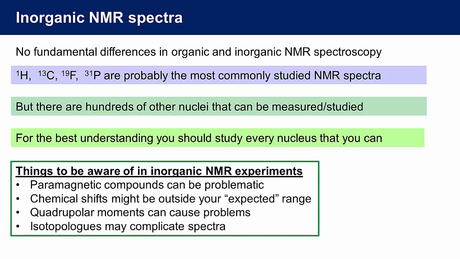Now, while there's no difference in the science of NMR spectroscopy of organic versus inorganic compounds, because of the greater range of structures and molecular possibilities in inorganic chemistry, there are a number of issues that crop up more often when dealing with inorganic materials. Firstly, paramagnetism. Paramagnetism in organic chemistry is quite rare.